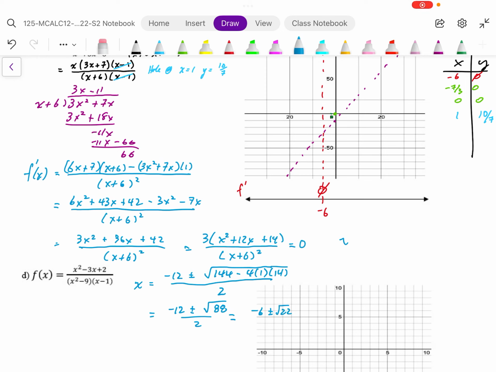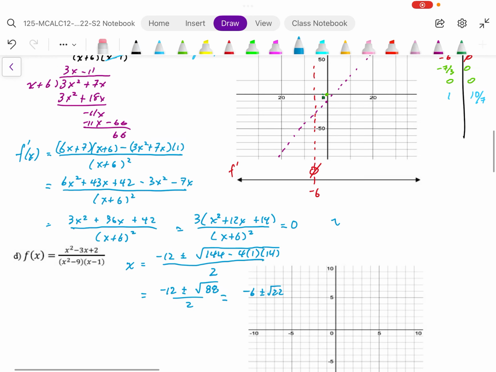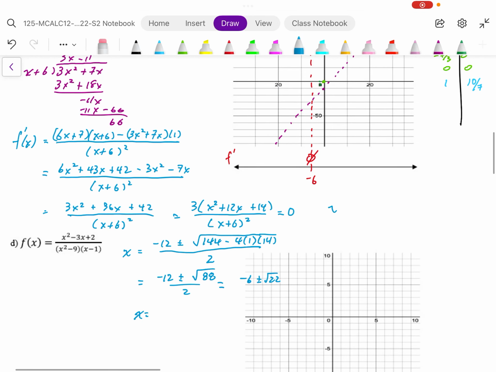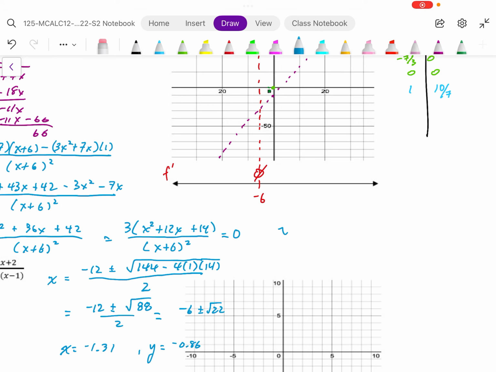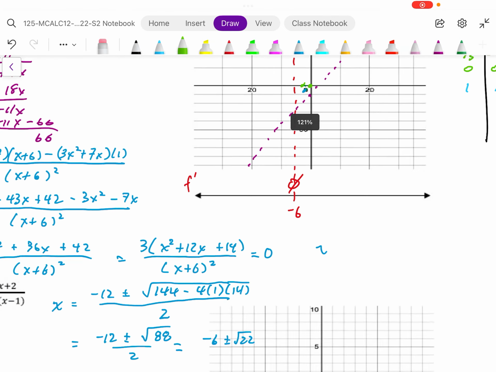The decimal value for the first x is going to be negative 1.31, which is negative 6 plus root 22. And then the y coordinate, when I plug this into the original equation, I get negative 0.86. So that's going to be some coordinate in here. That's going to be the min point, and it's kind of hard to draw because it's really close to the x-axis, but there it is, somewhere in there.